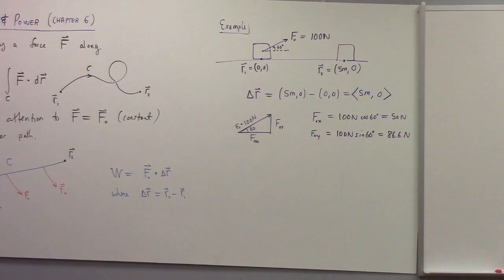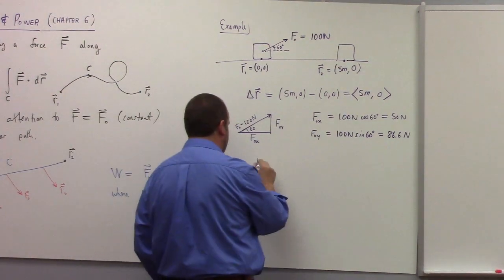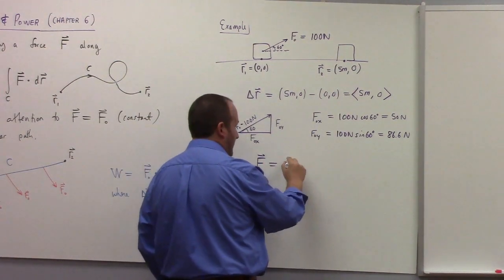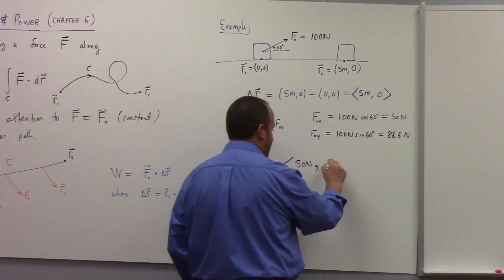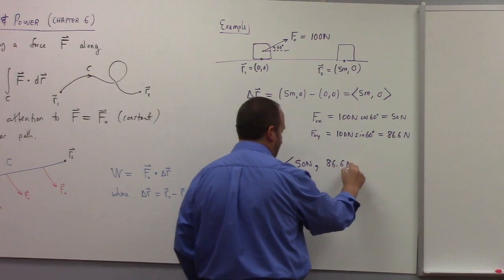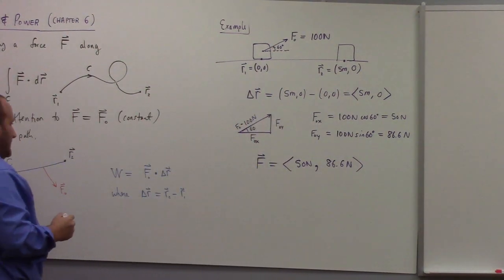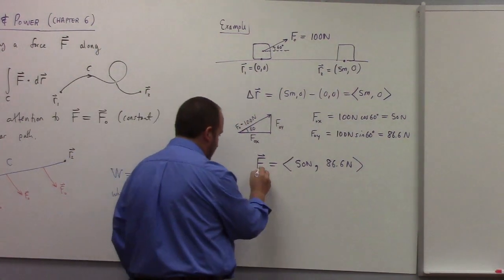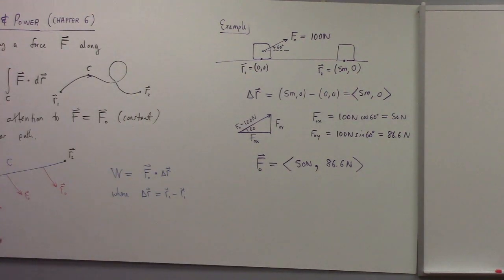All right. So I can actually write down the force vector. What does the force vector actually look like? F is specifically 50 newtons, comma, 86.6 newtons. And I called it F sub naught. All right, so I have the displacement, I have the force.